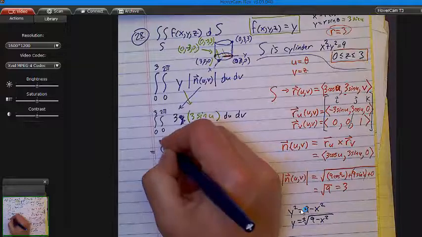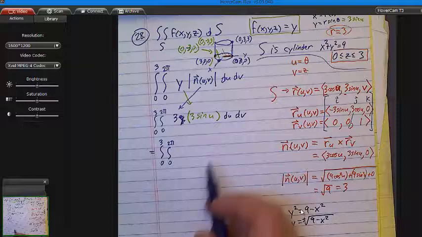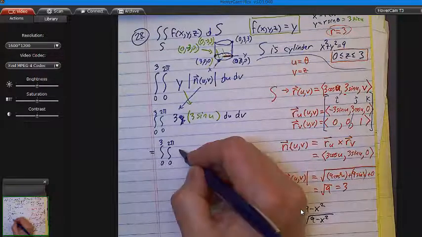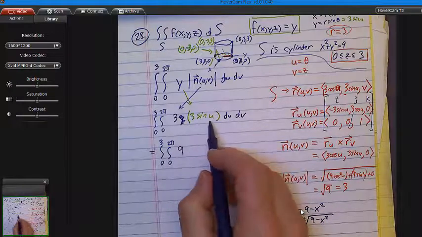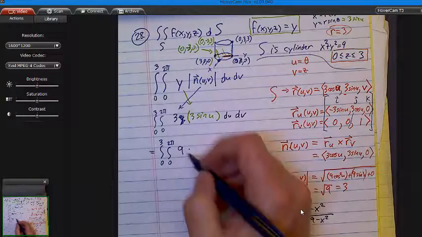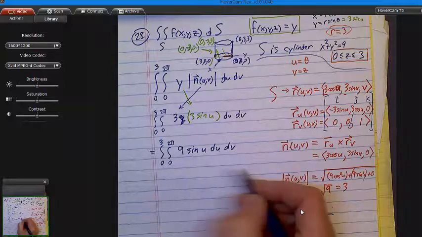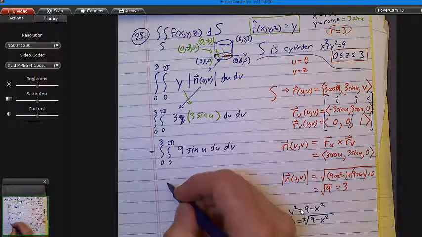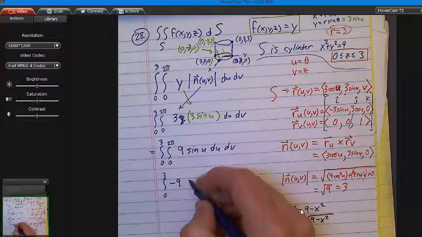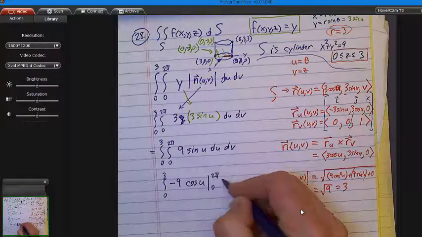Integral from 0 to 3, integral from 0 to 2 pi. When we integrate with respect to u, we have 9 times sine u. Okay, that's what we're integrating. So when I integrate sine, I get negative cosine, so I have negative 9 cosine of u. Weird.